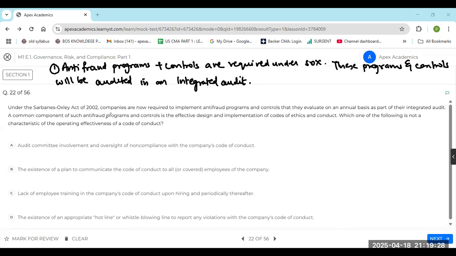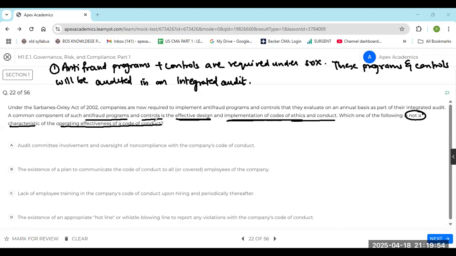Sir, a common component of such an anti-fraud program and controls is the effective design and implementation of code of ethics and conduct. Sir, the keyword is effective design and implementation of code of ethics and conduct. Which one of the following is not a characteristic of operating effectiveness of code of conduct?